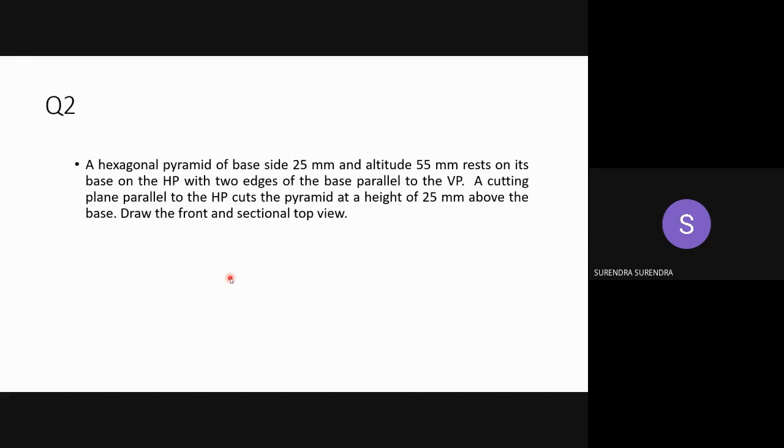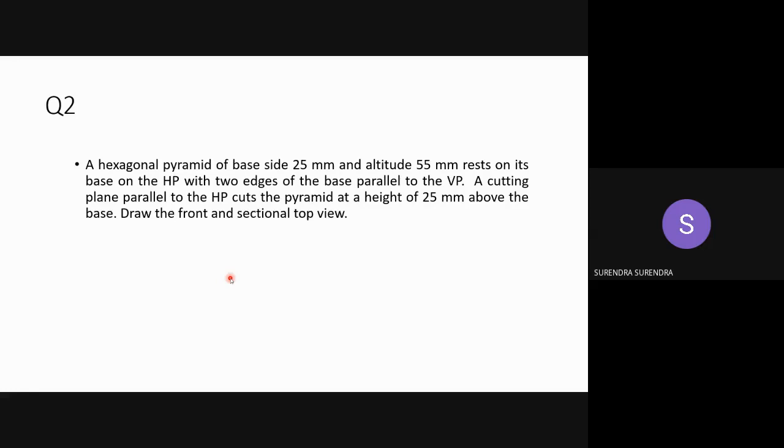Hexagonal pyramid of base side 25 mm and altitude 55 mm, means length of the axis is 55 mm, rests on its base on horizontal plane with two of the base edges parallel to VP. A cutting plane parallel to HP cuts the pyramid at a height of 25 mm above the base.